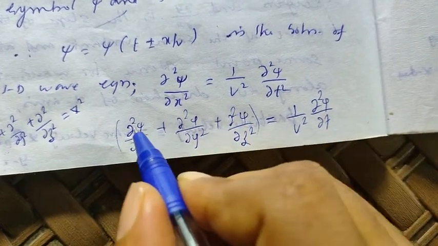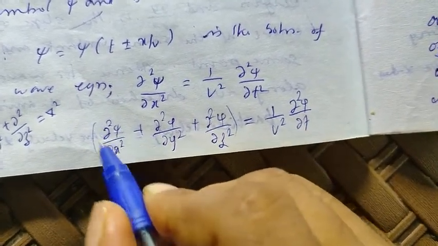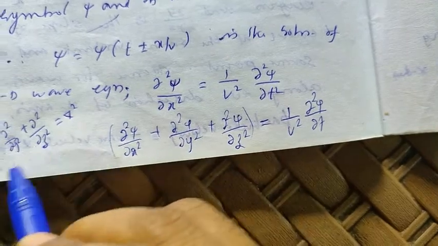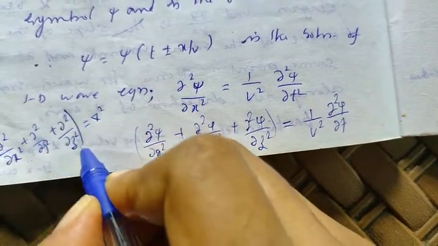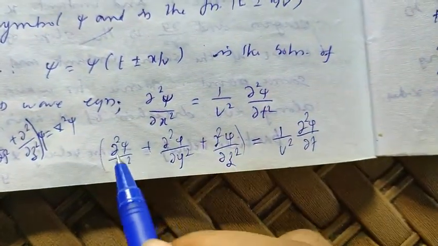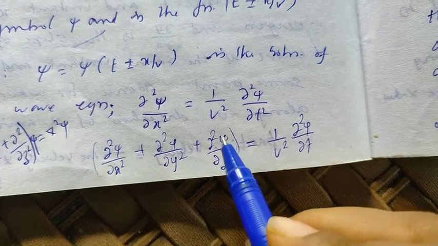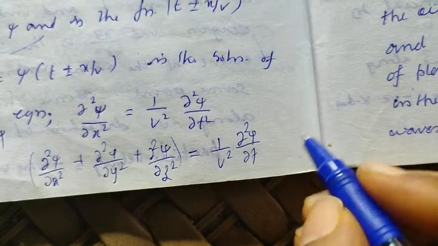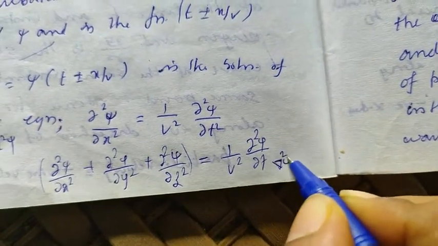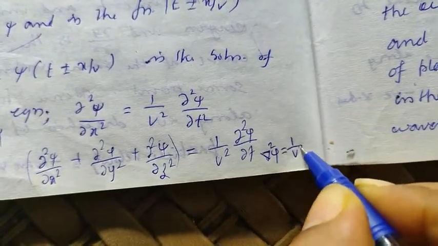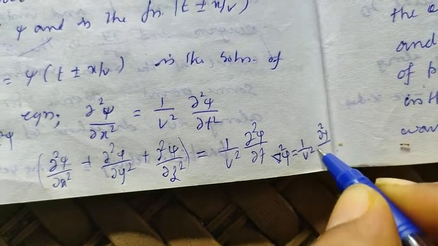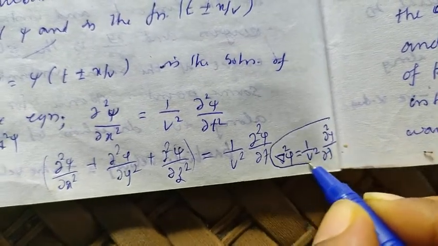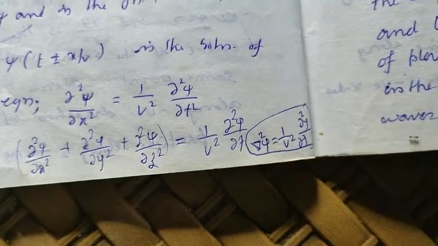This equation represents this operator operating on the wave function psi. So we can write it as del square psi = (1/v²) ∂²psi/∂t². This is the wave equation in 3 dimensions.